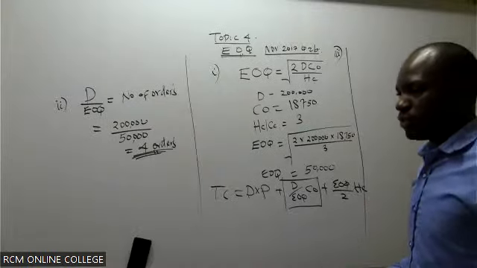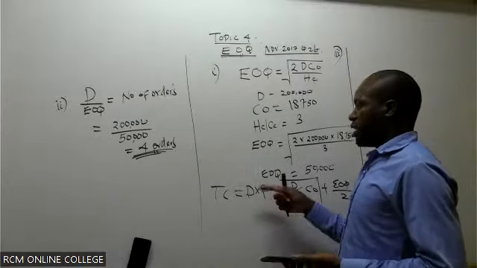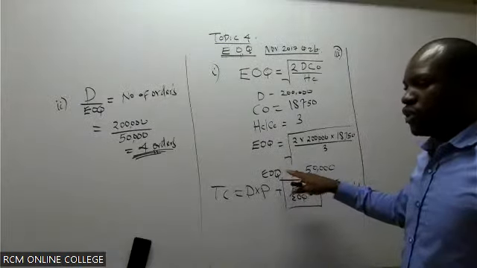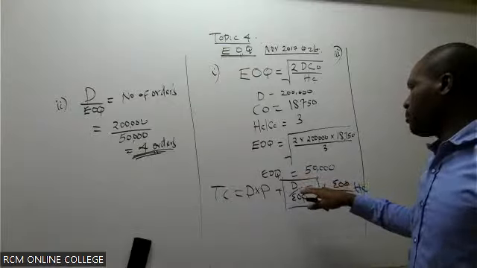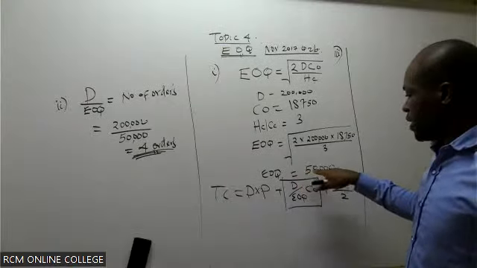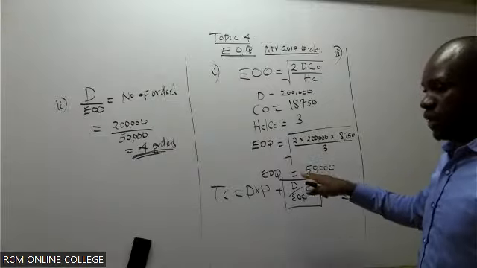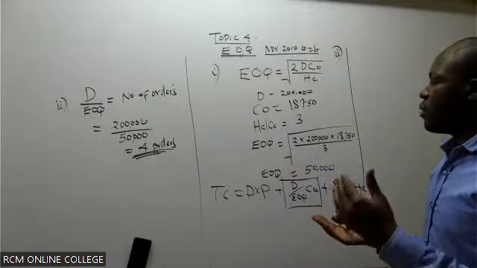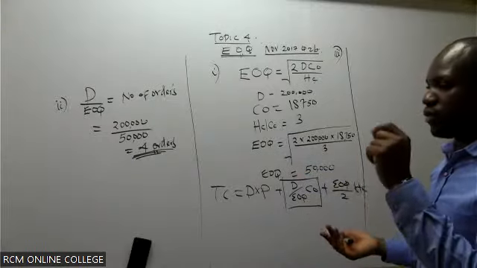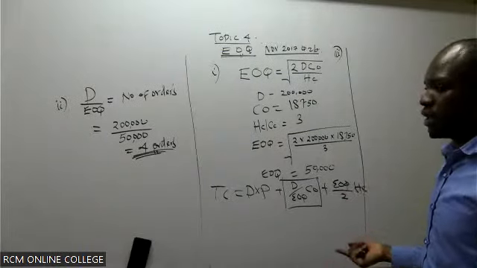What do they want us to do? They have decided to increase the economic order quantity from 50,000 to 100,000. So compare that and tell us why it is not advisable to increase it from 50,000 to 100,000.